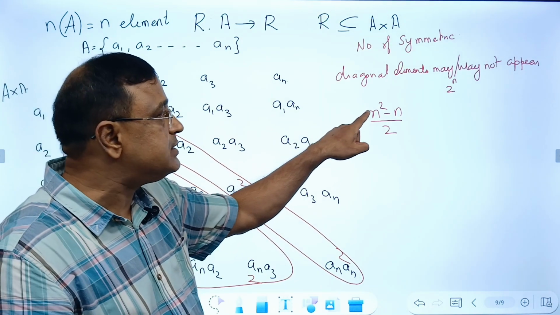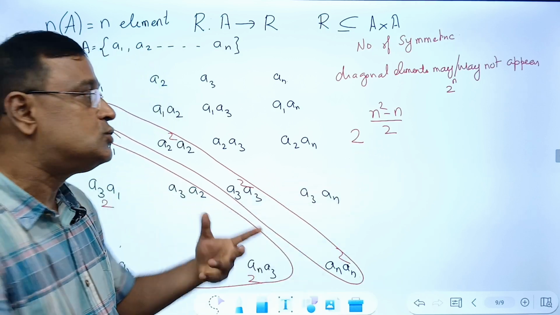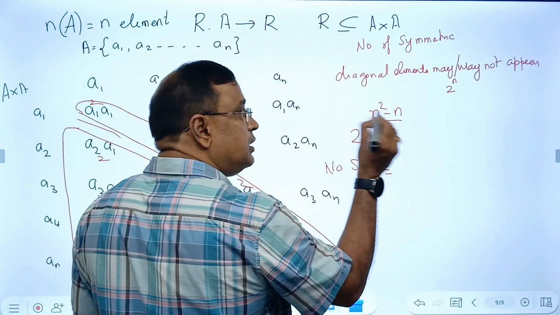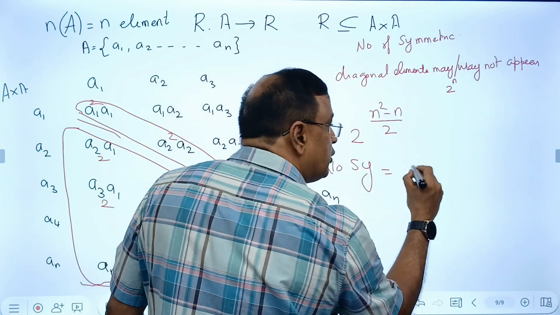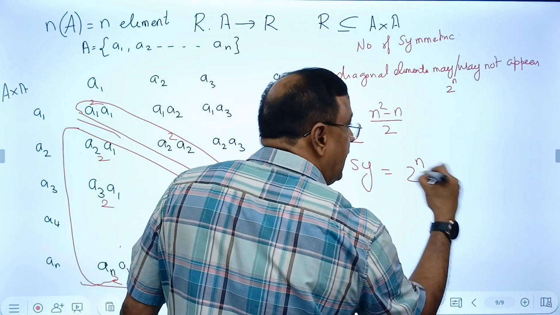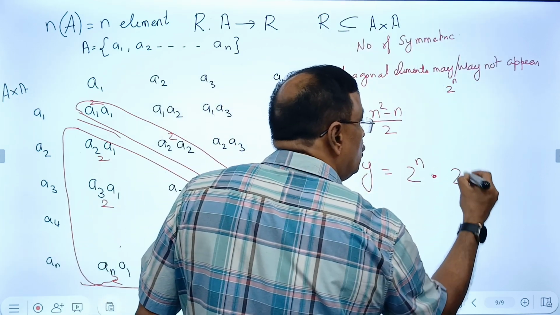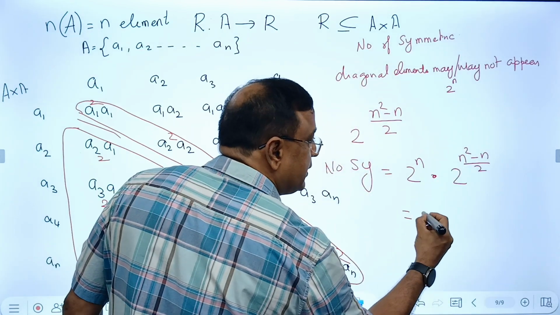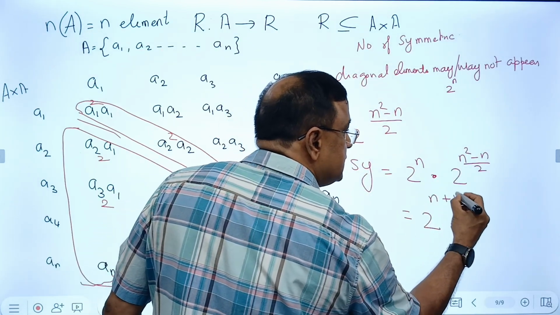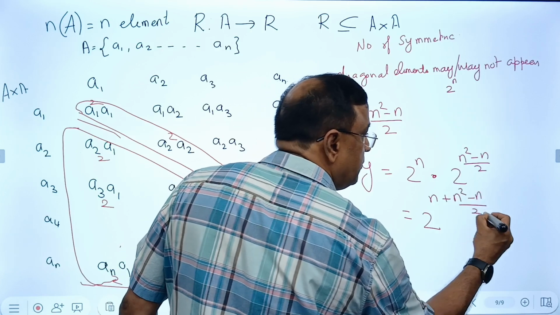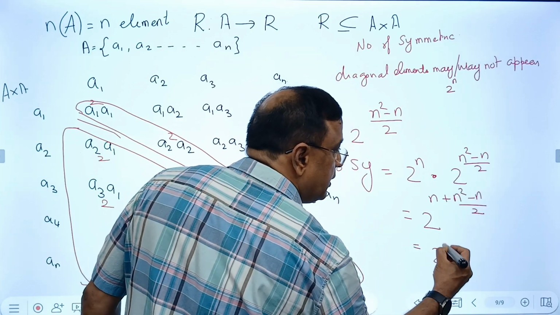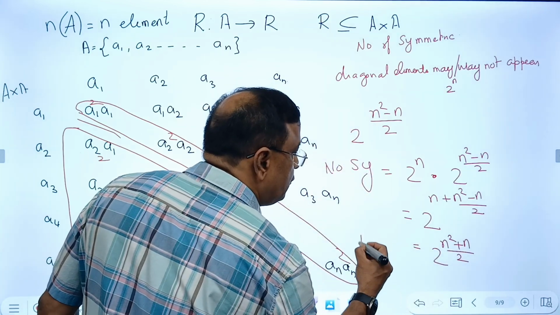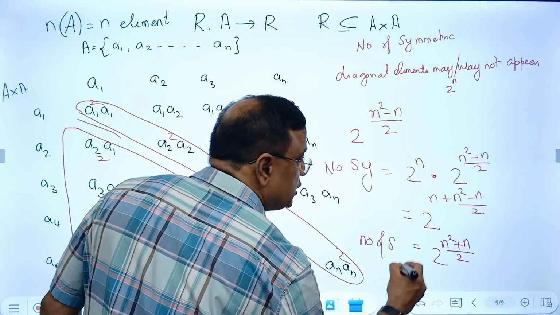Therefore, it is 2 power n square minus n by 2. So the number of symmetric relations will be diagonal may or may not appear, and multiplication, 2 power n square minus n by 2. If I simplify this, I get 2 power n plus n square minus n by 2, which is 2 power n square plus n by 2. This is a wonderful formula. The number of symmetric relations is given by this.